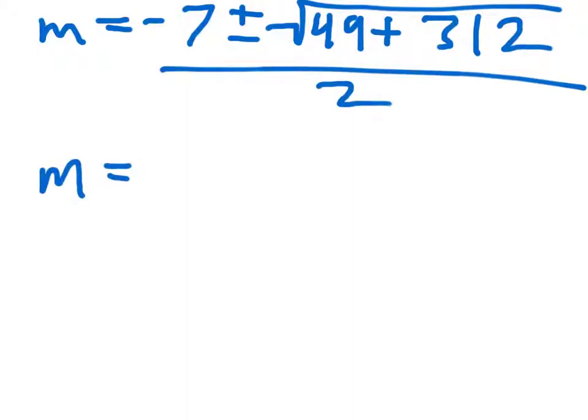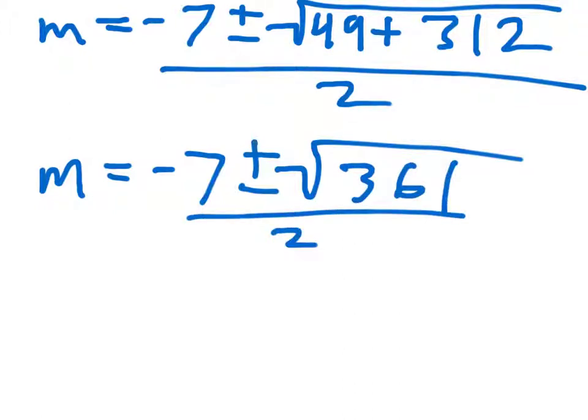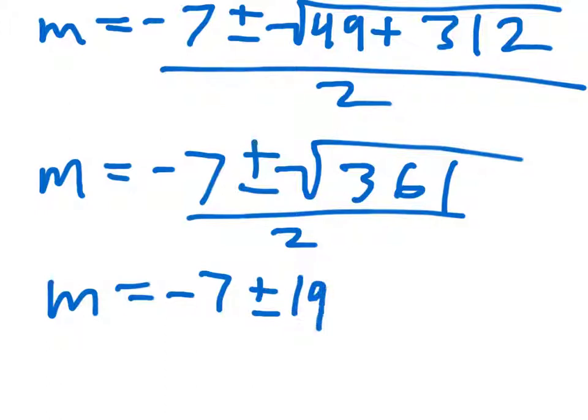Narrowing it down even more, we get negative 7 plus or minus the square root of 361 over 2. Narrowing it down even more, we get m equals negative 7 plus or minus 19 over 2. Stay watching for the next step.